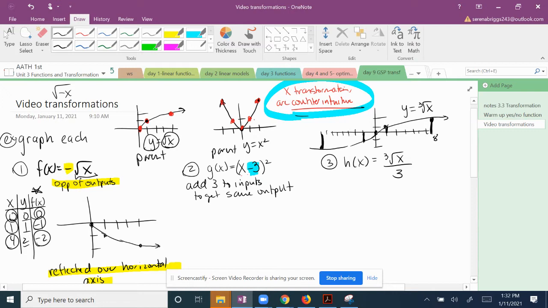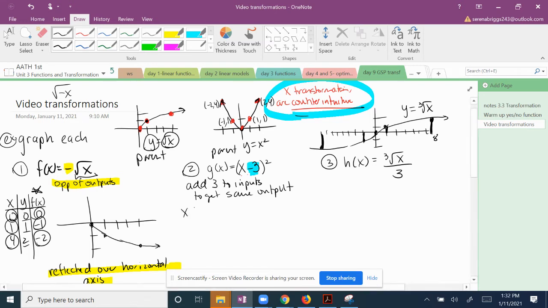0 gives you 0, 1 gives you 1 output, 2 gives you 4 output, and negative 2 gives you 4 output, and negative 1 gives you 1 output. So the outputs are all going to stay the same, but the inputs now, I'm going to add 3 to them.